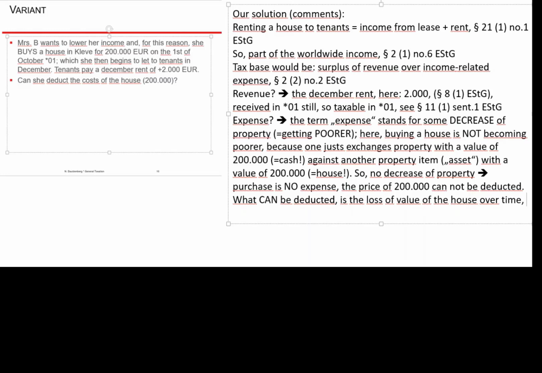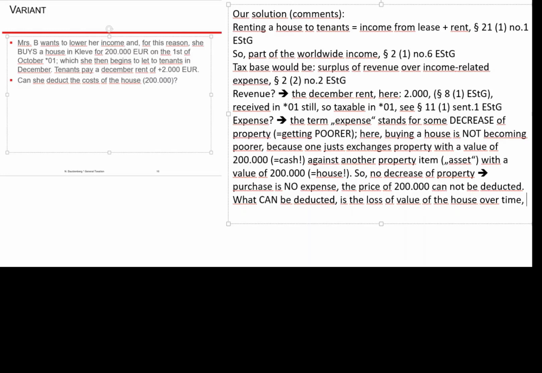Now imagine, go to the future 50 years more, perhaps then you have a house which is a complete ruin, so the value then will be 0, and so the value must have gone down over time. In the meantime, 200,000 at the beginning, 0 at the end of the house's useful life. So you know that you have become poorer over time, but you can never exactly say when.